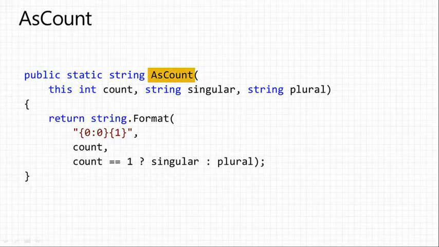It bugs me when a bit of software says, you're about to delete one person's. You know, the grammar grates. You know, I have pride in my work. I want things to come out with the right grammar in my messages. So this simple AsCount method does the right thing to describe what goes in with the right term.